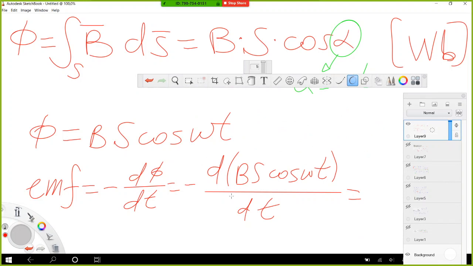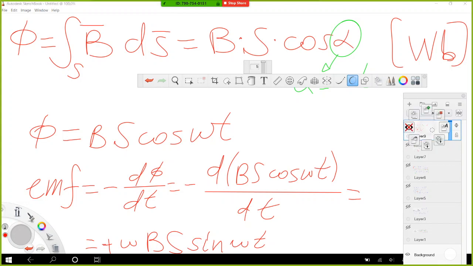If we take the derivative with respect to time, the derivative of cosine is minus sine, so it will be plus omega multiplied by B multiplied by S sine omega t.